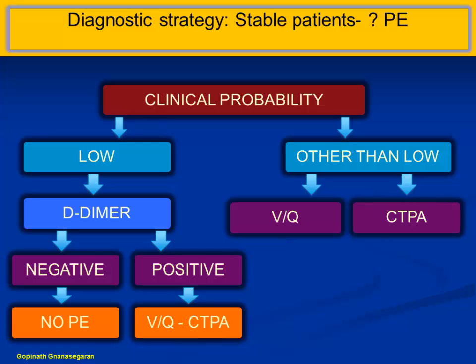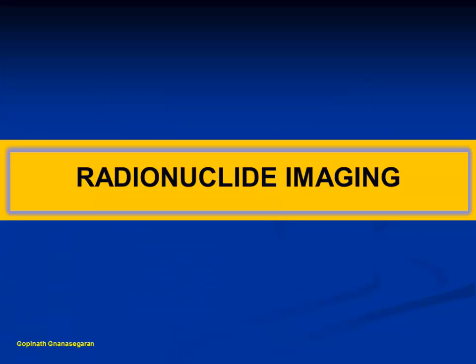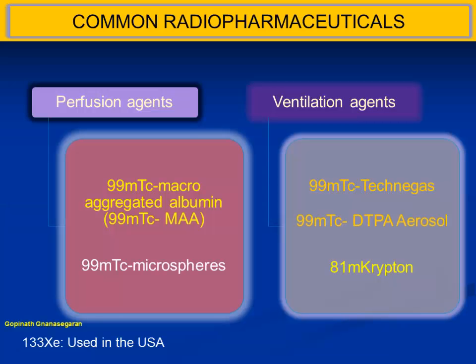The reasons being that it's a 24-hour service, 7 days a week, whereas in nuclear medicine we work from Monday to Friday. There is no weekend service, and also CTPA takes just a minute. But the only problem is, if you don't image it appropriately and adequately, nearly 20 to 30% of CTPAs can be inadequate and uninterpretable.